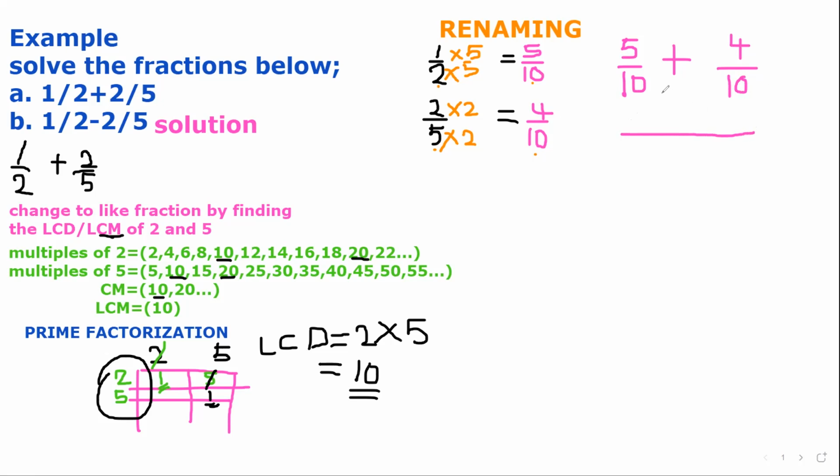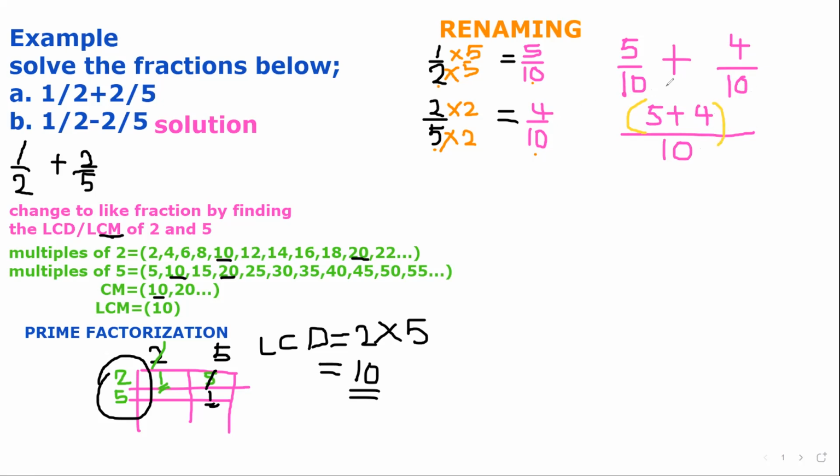Because the denominators are the same, then you choose one of the denominators here, and then you add the numerators. You add the numerators. The numerators are the 5 plus 4.